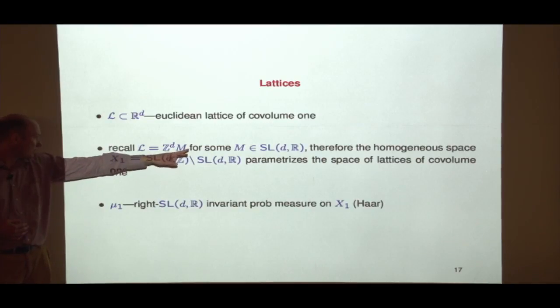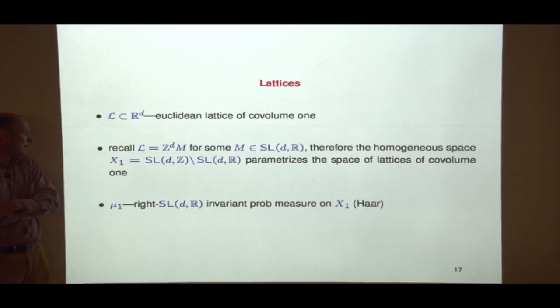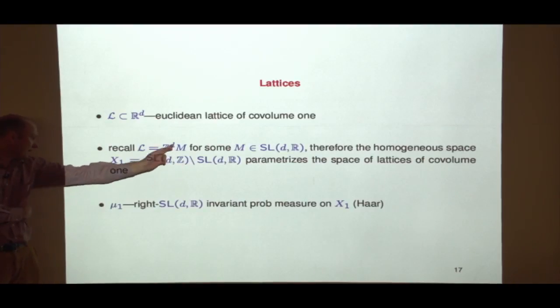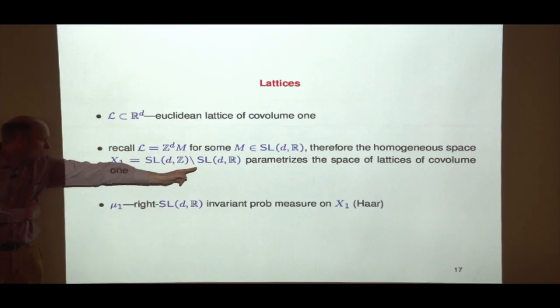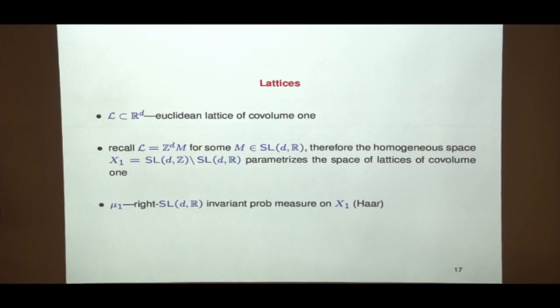So in other words, you apply some linear transformation that's volume preserving, because you want to preserve the covolume, so that's SL(d,R). And then you observe that your initial cubic lattice is invariant under SL(d,Z). So that's the stabilizer, and in fact you can show easily that the space of such lattices is parametrized, so there's a one-to-one correspondence with a point in this homogeneous space.